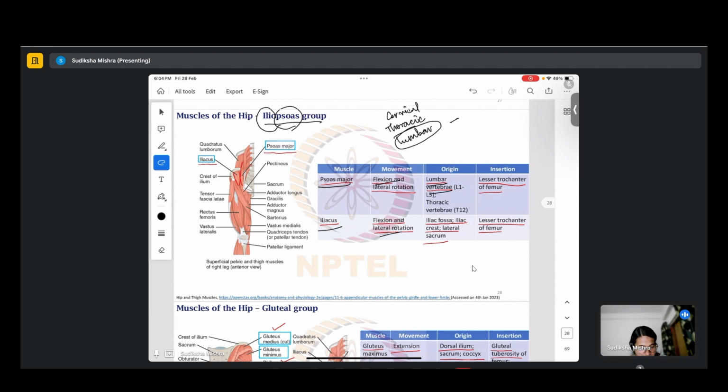So the origin of the psoas major is in the first of the lumbar vertebrae and the last of the thoracic vertebrae. It has multiple origins from there. The insertion is in the lesser trochanter of the femur.